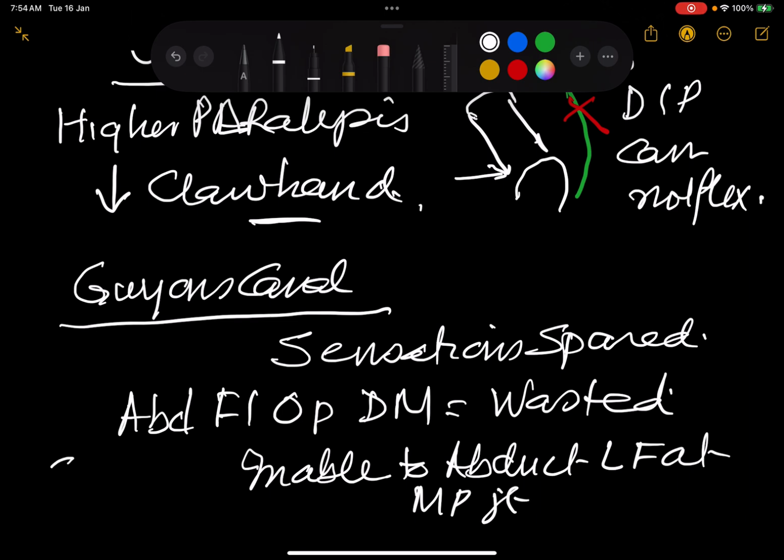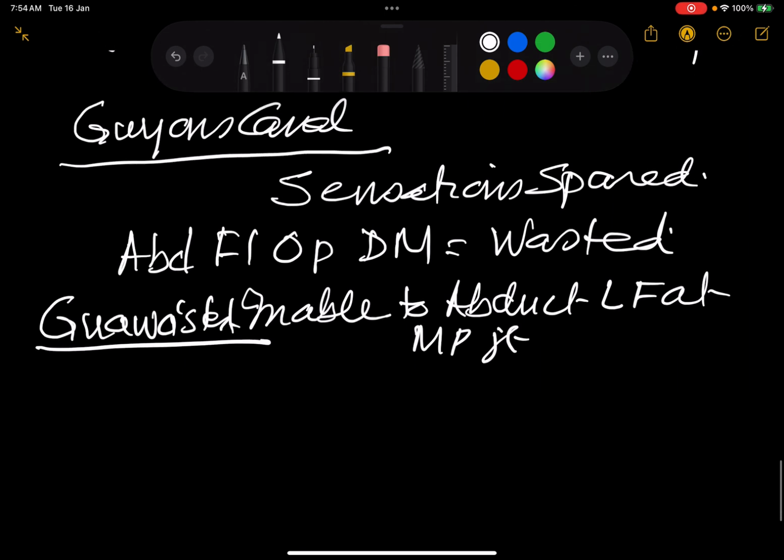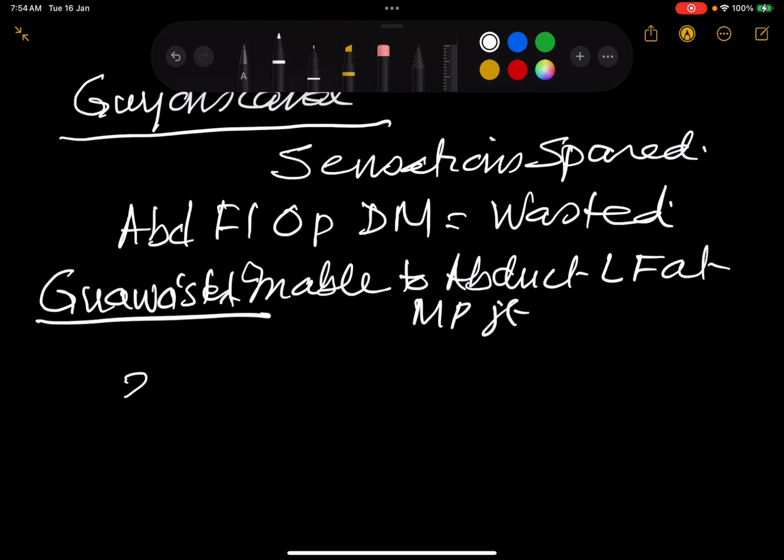This is said to be the Guyon's test. Then the third and fourth lumbricals will be paralyzed.